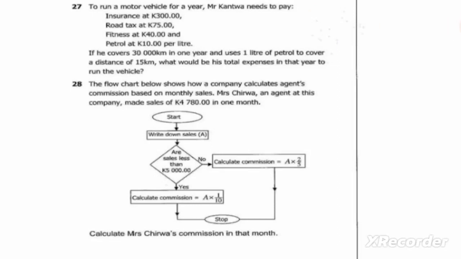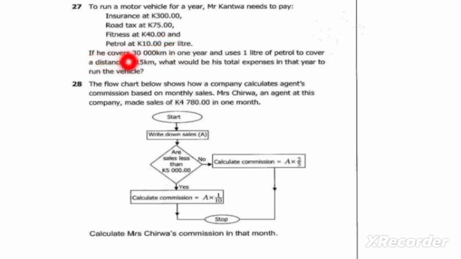Which is question 27. Question 27 reads: to run a motor vehicle for a year, Mr. Kantwa needs to pay insurance at 300 kwacha, road tax at 75 kwacha, fitness at 40 kwacha, and petrol at 10 kwacha per liter.